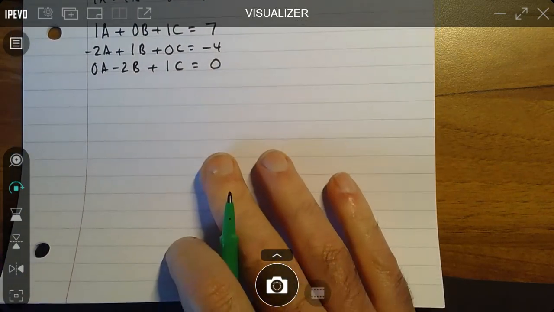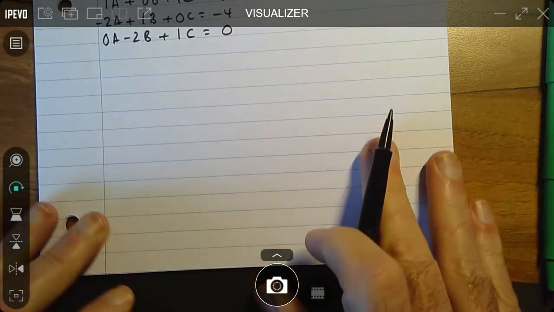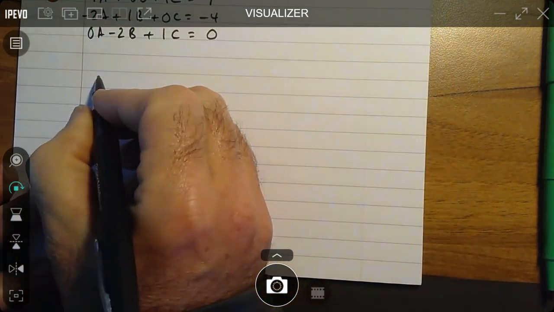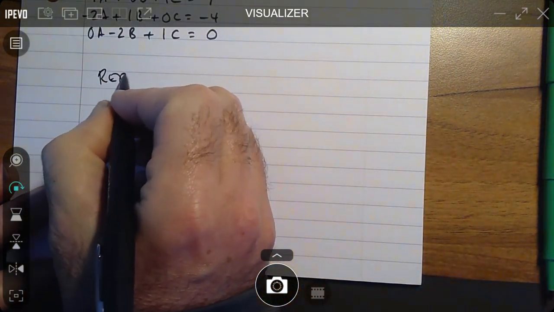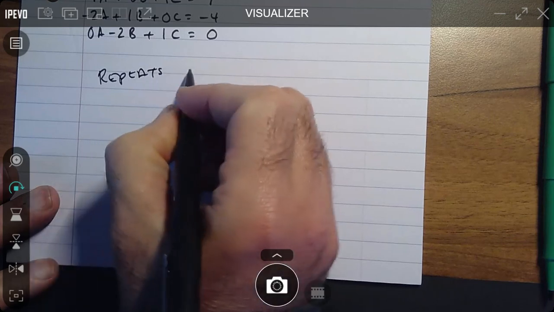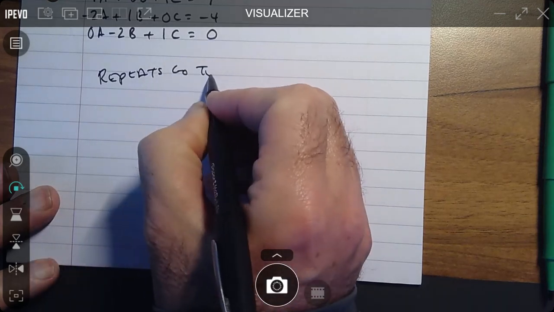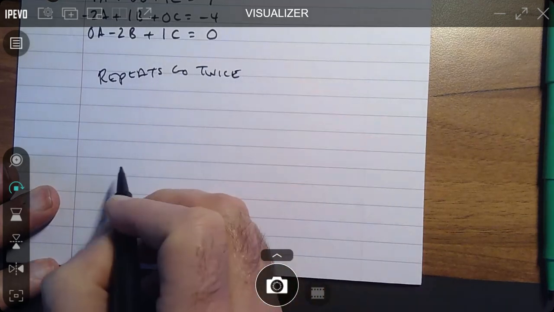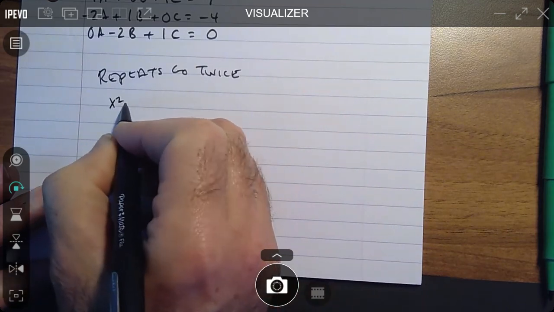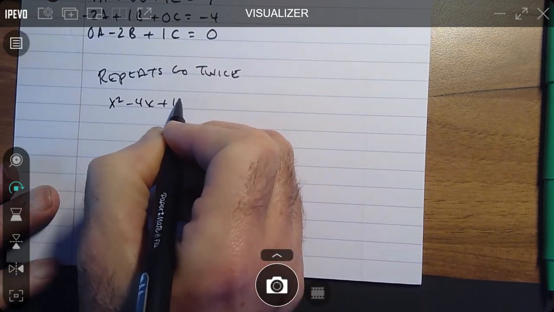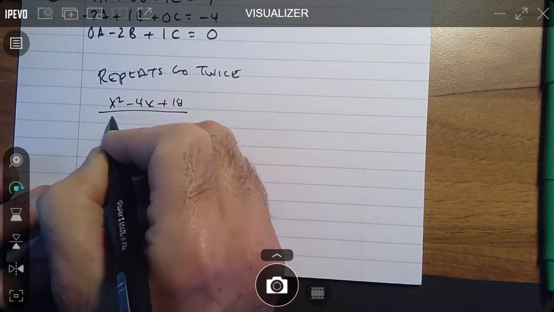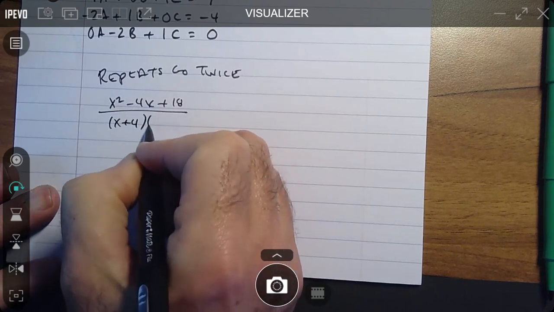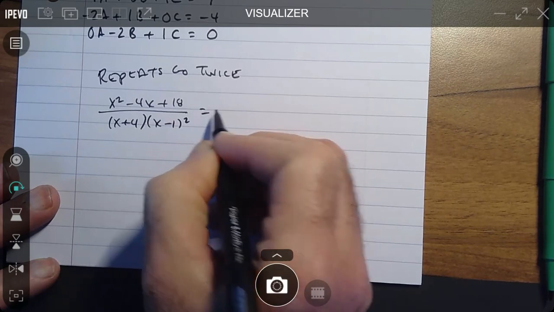There's one more with repeated linear, and at the tail end here, I'll just show you the setup on that. Repeats go twice, I guess is the way to say it. So if you have x squared minus 4x plus 18 over x plus 4, x minus 1 quantity squared.